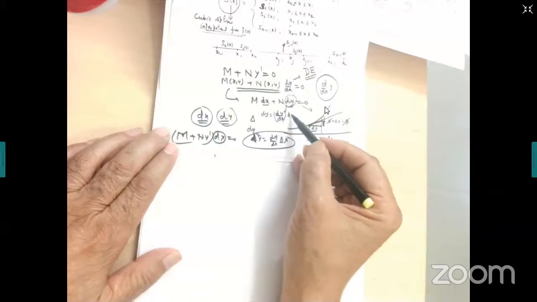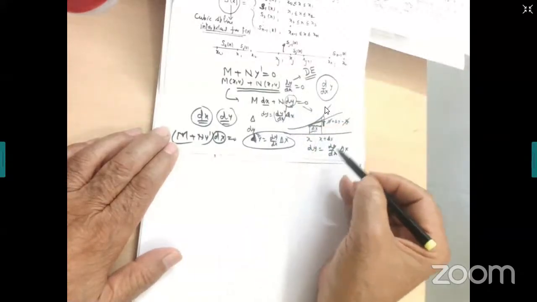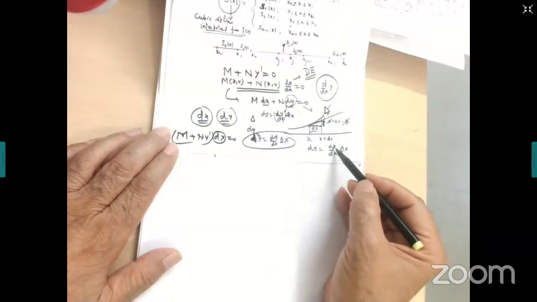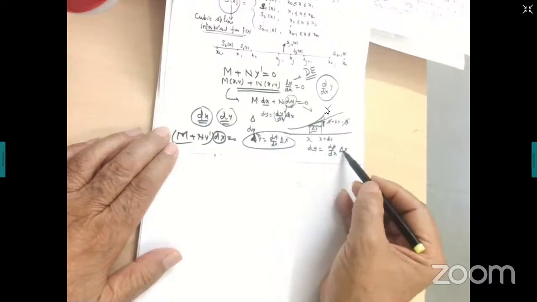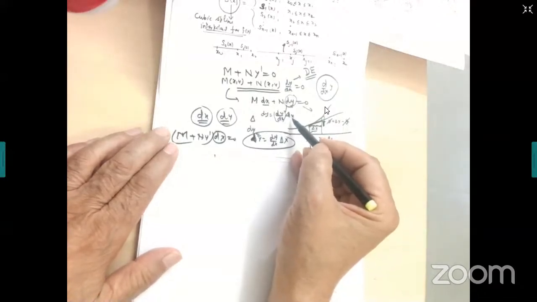Don't think that they get cancelled. In fact, it was your delta x. If I replace y by x, d/dx operating on x is 1. So dx is nothing but your delta x. Delta x is dx.